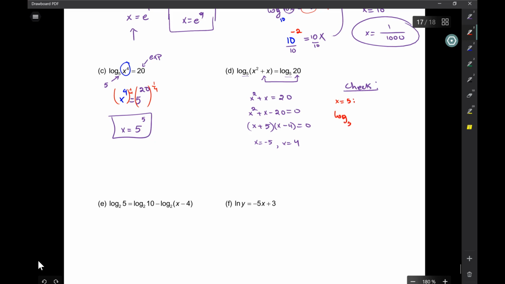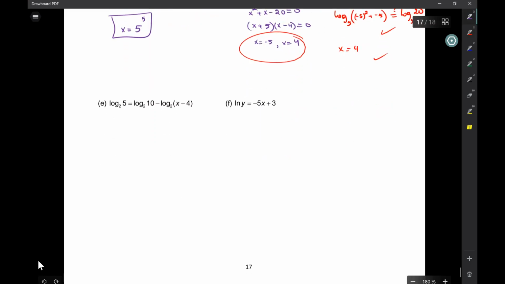Log base 5 of negative 5 squared plus negative 5, is that equal to log base 5 of 20? Yes, so it works. And then you check x equals 4, that works too, so both of these are answers. Basically, you want the left and the right to equal. You don't want any negative arguments for the logarithm. Okay, so negative answers are okay as long as once you put it into the log, it doesn't give you a negative argument inside the log.